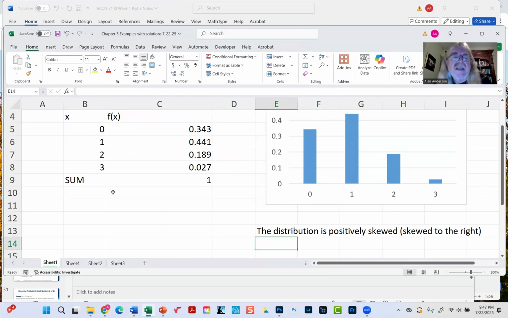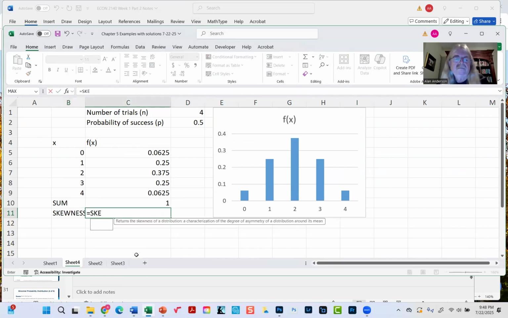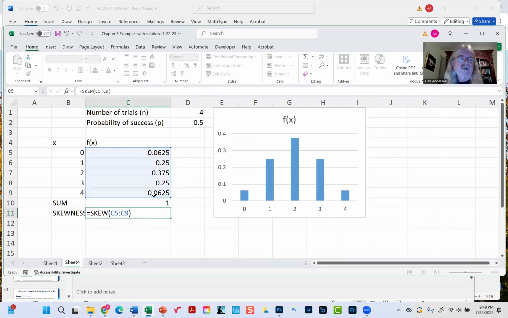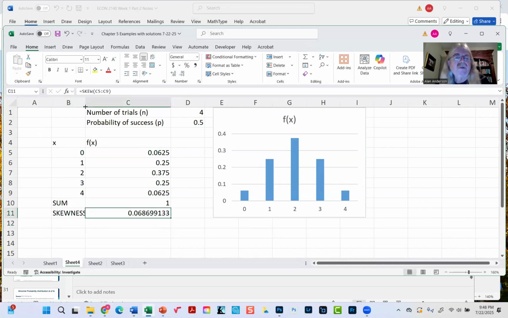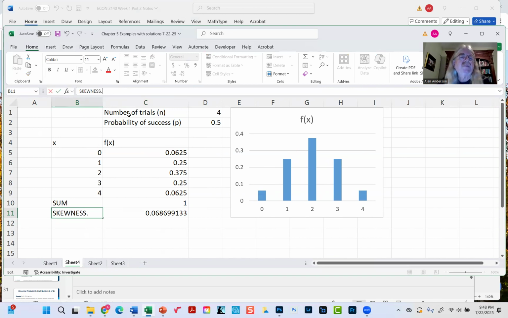As a matter of fact, Excel has a skewness function built into it. So here we should get a 0 or something very close to it. And here, let's see. Oh, I know what happened.